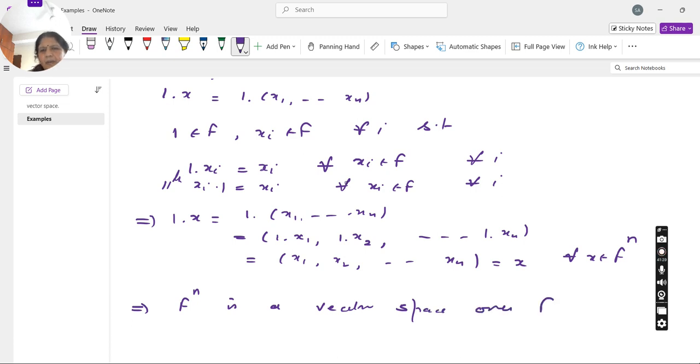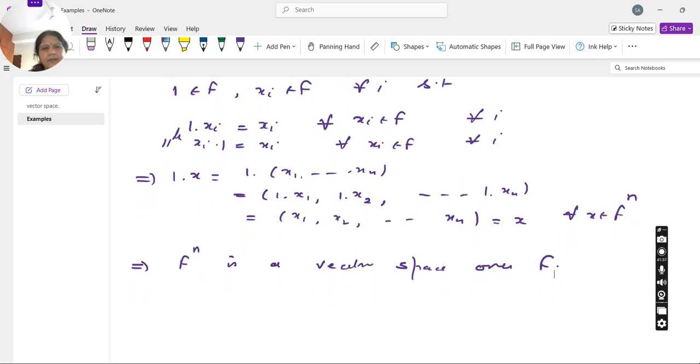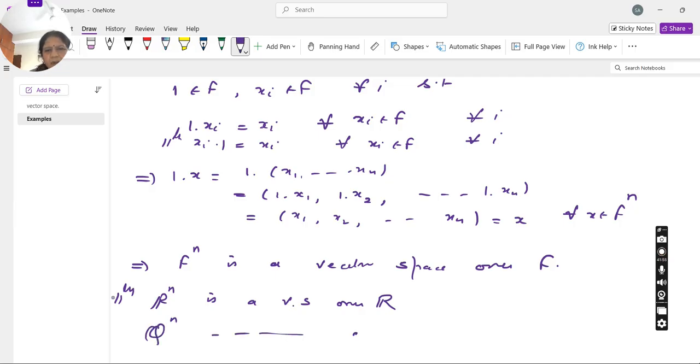over F. Similarly, we can prove, that's an open question for all of you, that R to the power n is a vector space over R. Rationals Q to the n is a vector space over Q. Complex to the n is a vector space over complex.